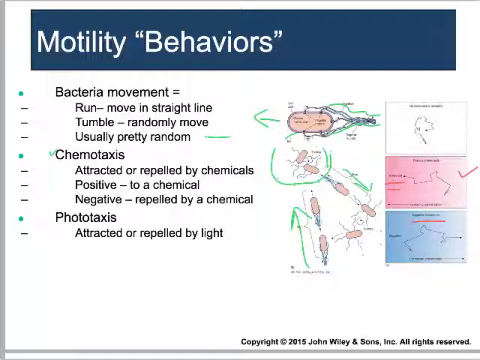Negative chemotaxis means it's repelled, so it's moving away from a chemical. In a way, this could be a way to protect something. If you could coat a catheter with a repellent, the organisms wouldn't want to go towards it. Bacteria also exhibit phototaxis, which means they can be attracted or repelled by light.